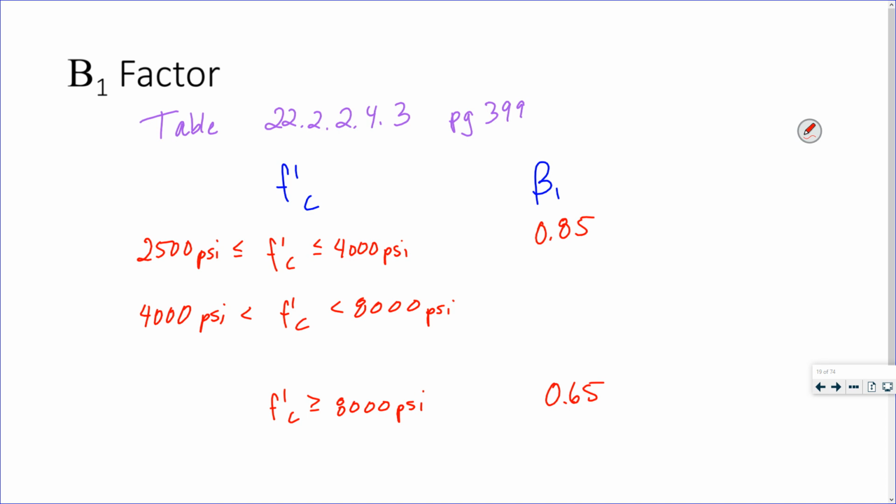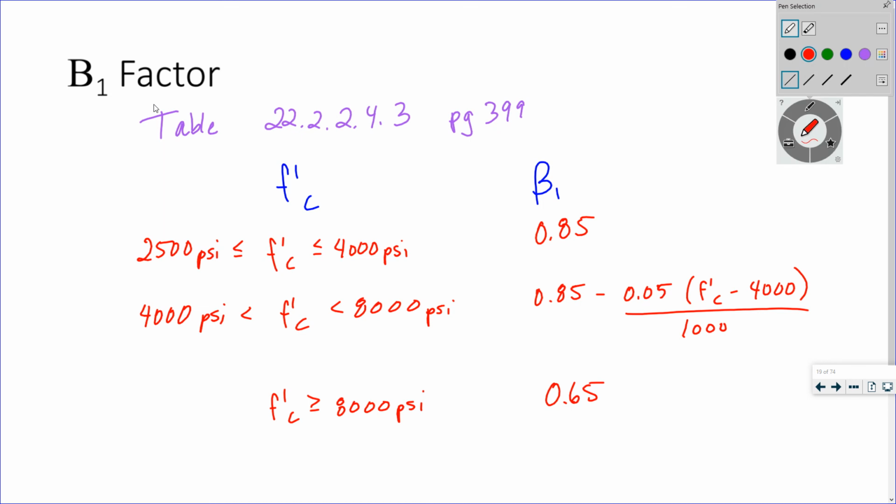So if you have really high strength concrete, the height of your stress block is going to decrease, because 0.85 versus 0.65 times the distance to the neutral axis. If you're in the middle, you interpolate, which is 0.85 minus 0.05 times F prime C minus 4,000 divided by 1,000.